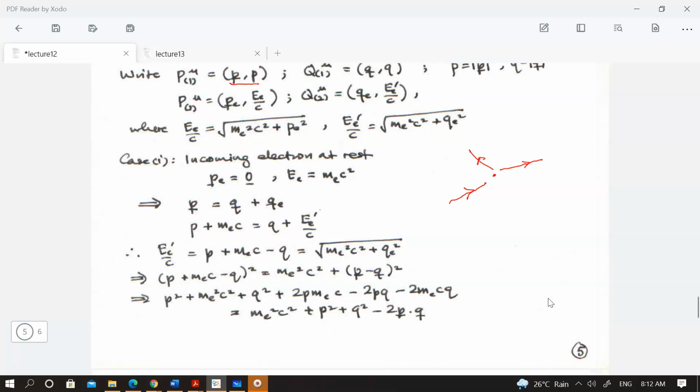In that case, your P_e, the initial momentum for the electron, will be the zero vector, and your relativistic energy will just be your rest mass energy. Remember, the relativistic energy could in general include the kinetic energy, but here we put P_e to be 0, so it would be just your rest mass energy.